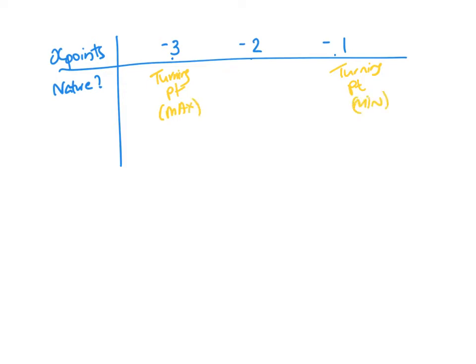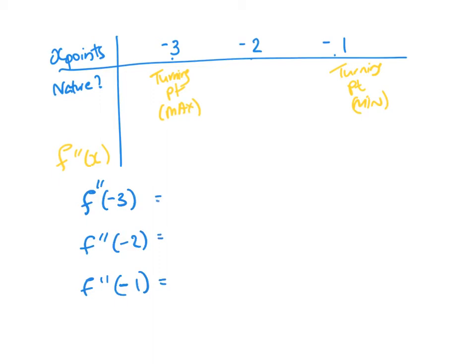But we're just going to park that information because we're going to use the second derivative now to test those points. So we're going to plug and play the second function of -3 into the equation, and we're going to do the same. We're going to plug and play in -2, and we're going to plug and play in -1, the third point of interest. And let's just do that first.